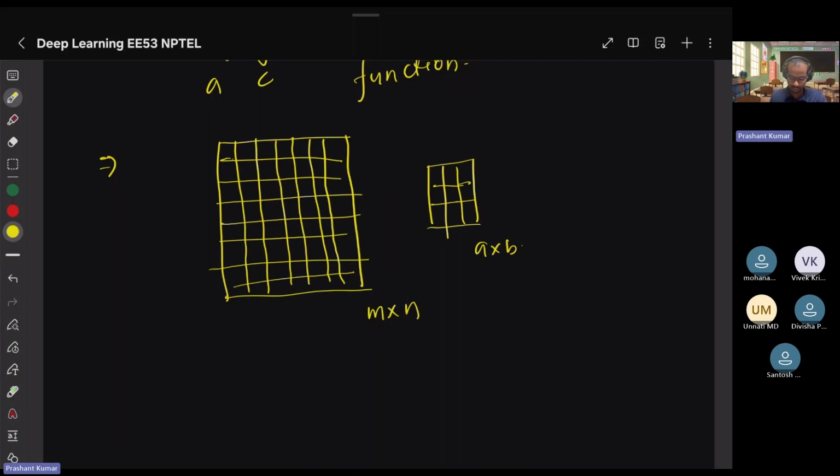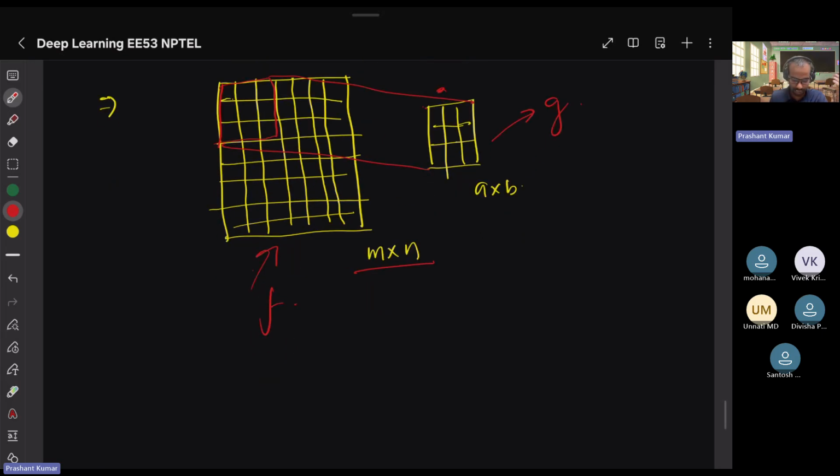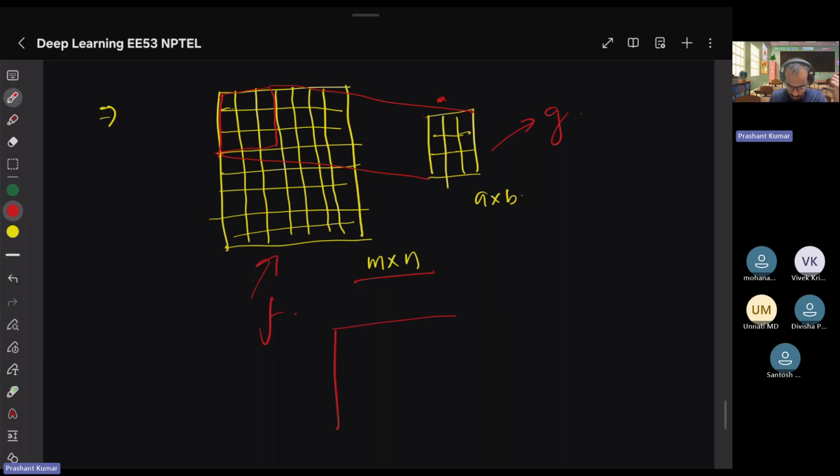Then I am placing the kernel here, and I am multiplying the elements of this matrix F and the elements of G, and then adding them, and we get a value that is the convolved value.